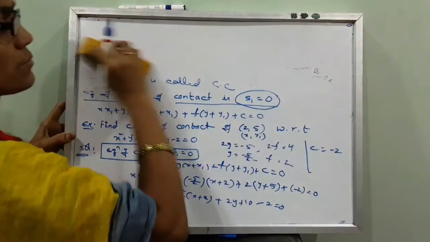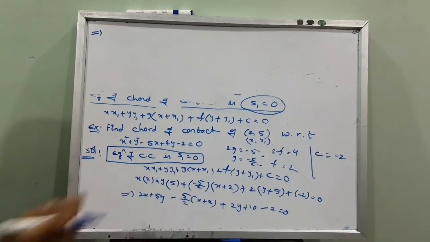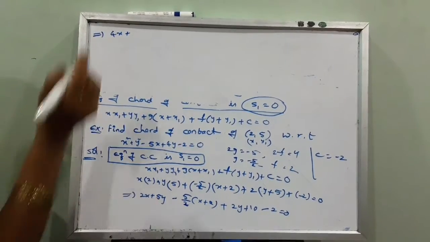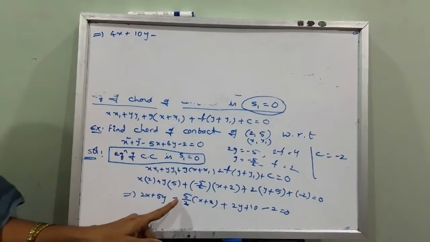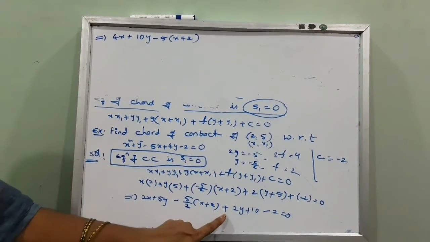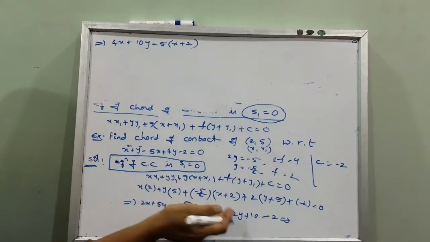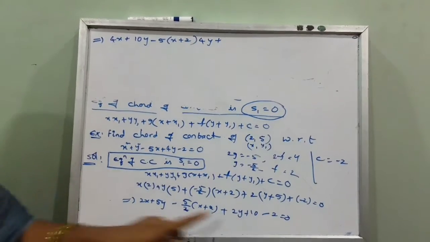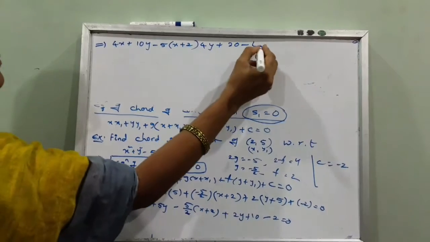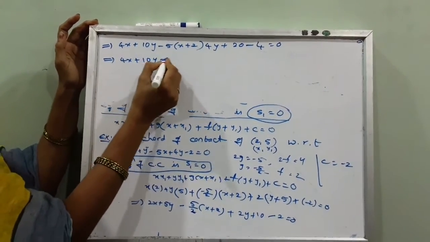Here the LCM is 2. 2 into 2x, 4x, plus 5 into 2, 10y, minus 5(x plus 2), plus 2 into 2y, 4y, plus 10 into 2, 20, minus 2 into 2, 4 is equal to 0.